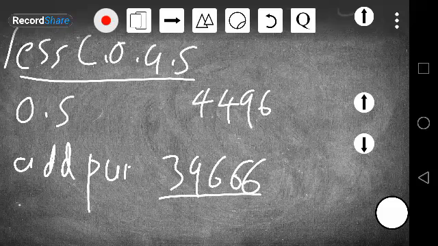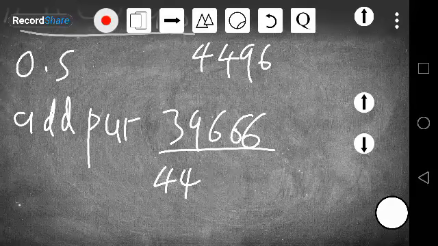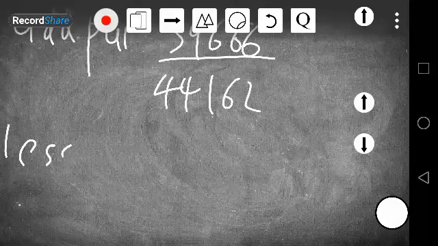Then we get 44,162. Now we list our closing stock, and our closing stock was 5,568.